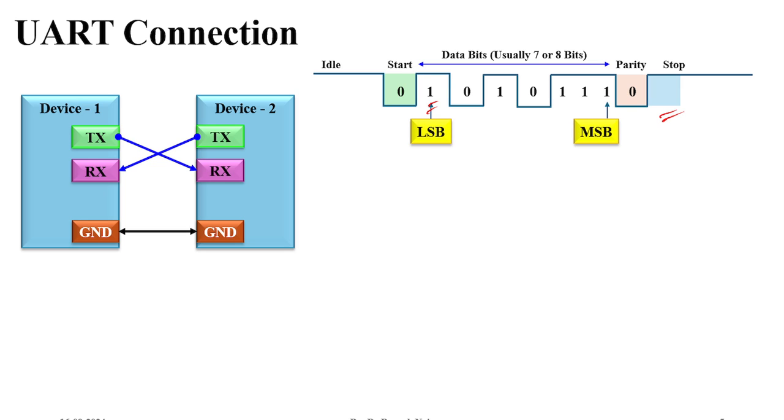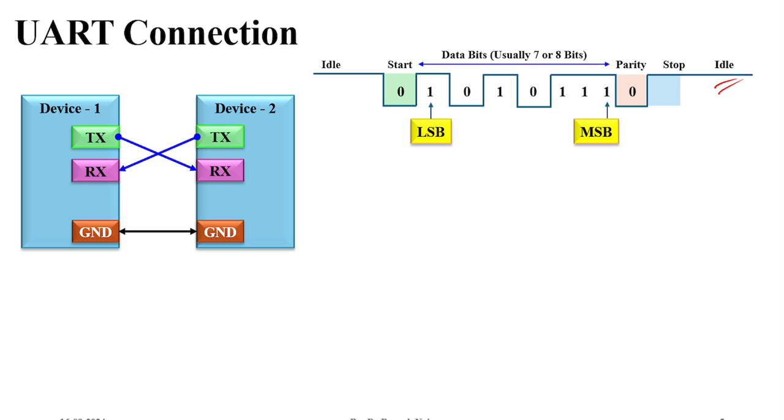Remember, the least significant bit follows the start bit, and most significant bit is generally before the parity or stop bit. And after stop bit, the system again enters into the idle state.